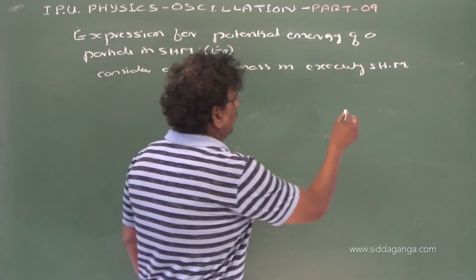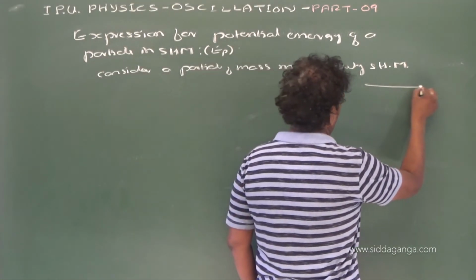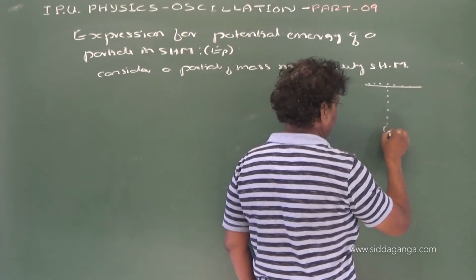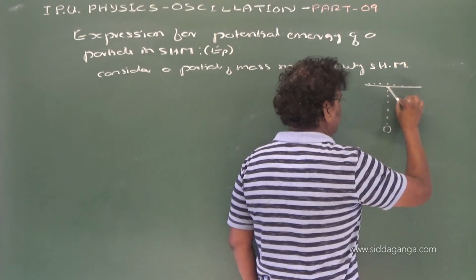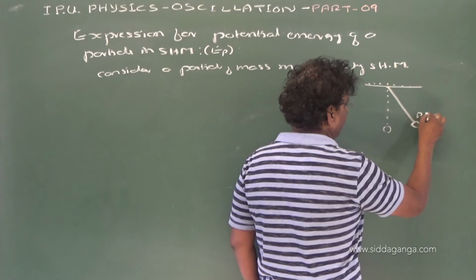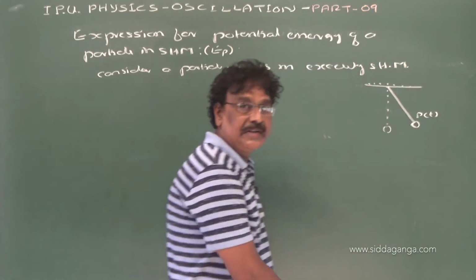Now, here we will take the case of the simple pendulum, the bob as a particle. Now this is the position of the particle P at any instant of time t.